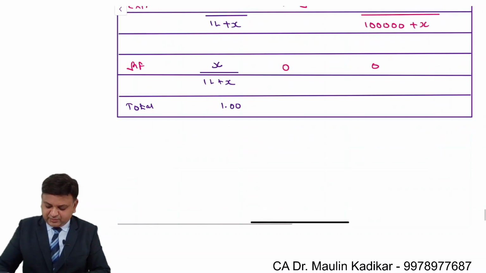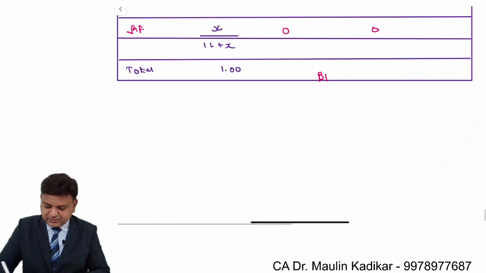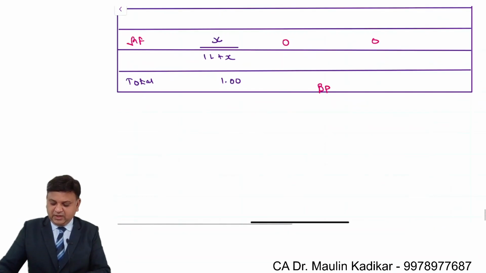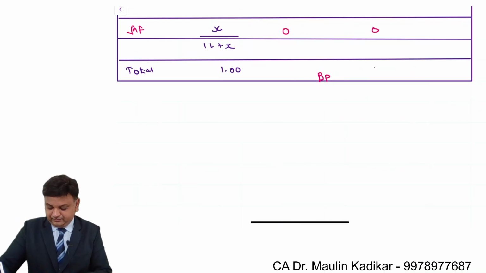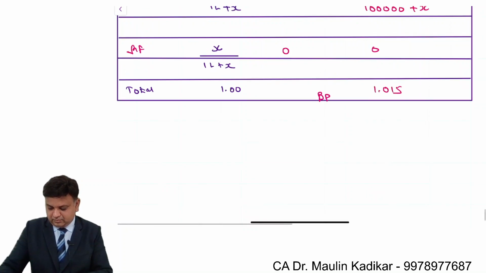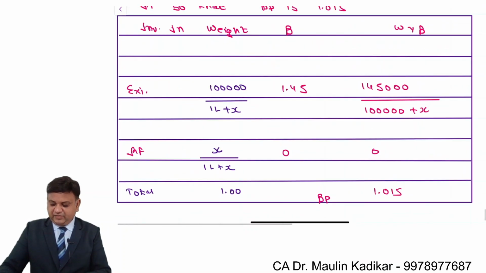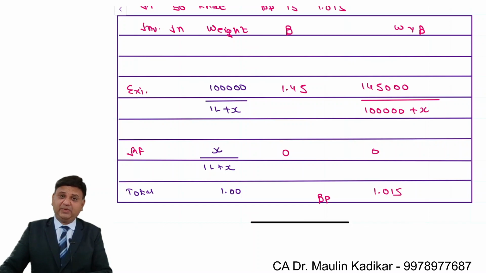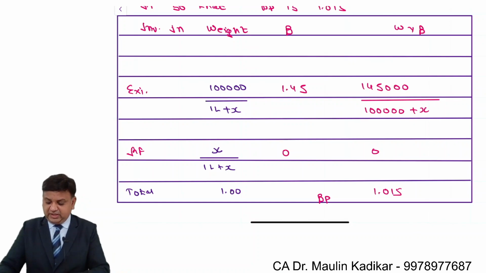And what is the beta of the portfolio? The beta of the portfolio should be 1.015. This is the way we can compute X as the balancing figure. That is the additional amount of investment that we should make in the risk-free security so that the overall risk of the portfolio will reduce.